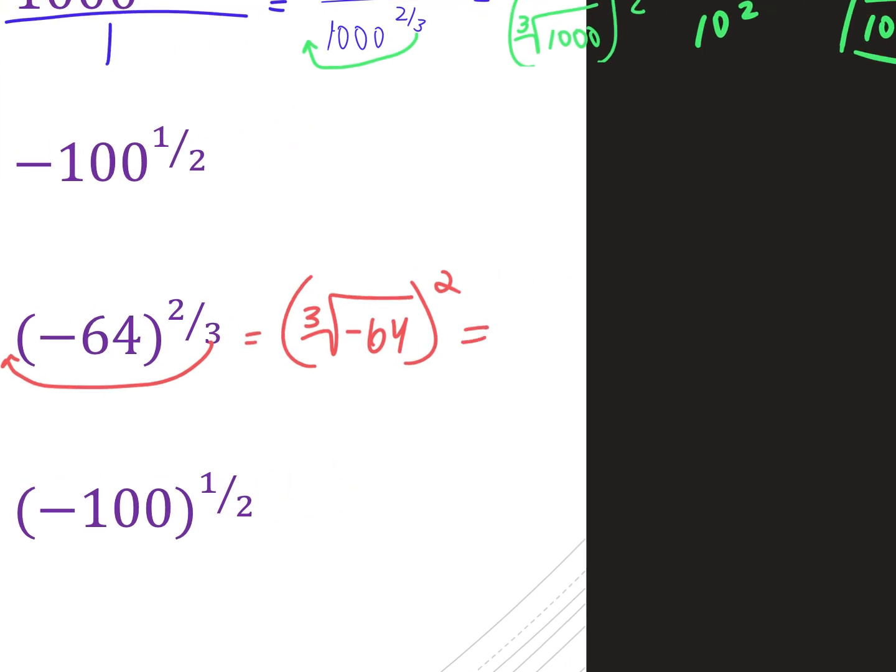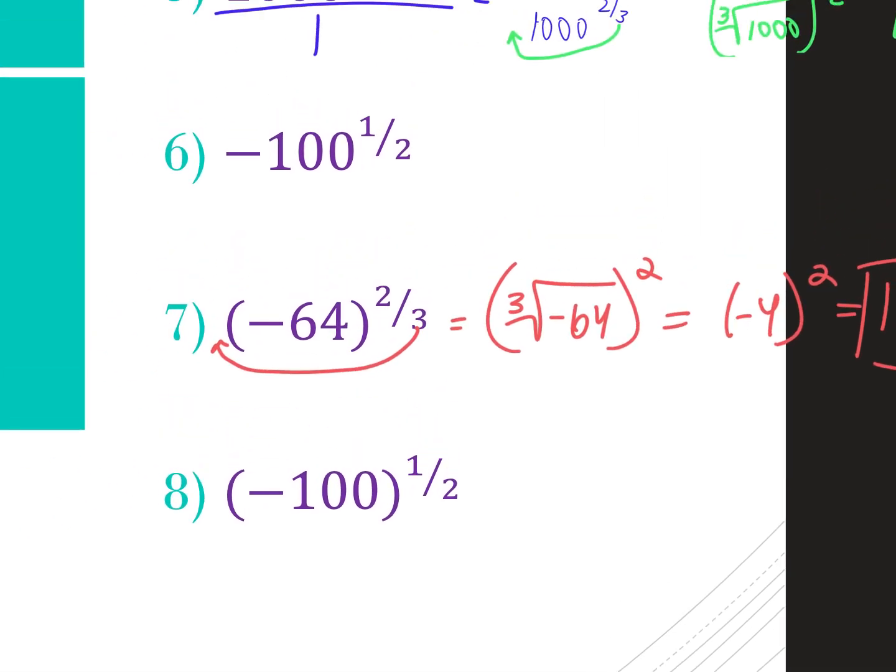So what is the cube root of negative 64? What number times itself 3 times gives me negative 64? Negative 4, correct. And then negative 4 squared is 16. Good. Very good. Some of you will tell me, oh, it's 4, and 4 squared is 16. That's not right. Negative 4 is the cube root of negative 64.